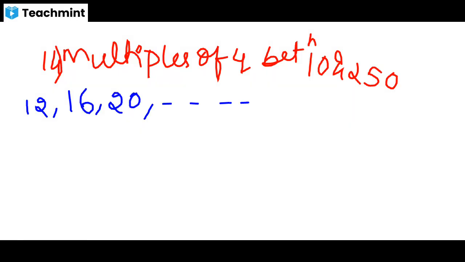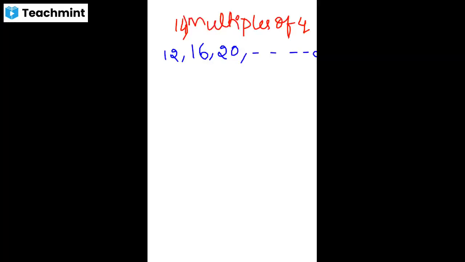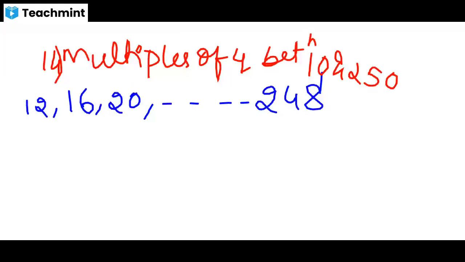250 is not divisible, it is not a multiple of 4. So which number is a multiple of 4 and less than 250? 248. Now, in this, what is the a value?